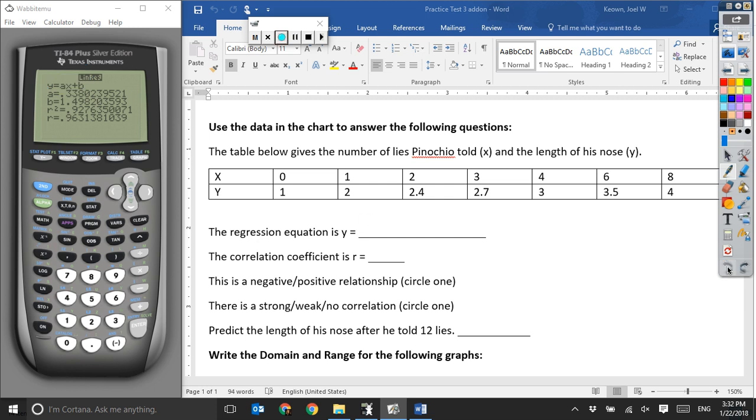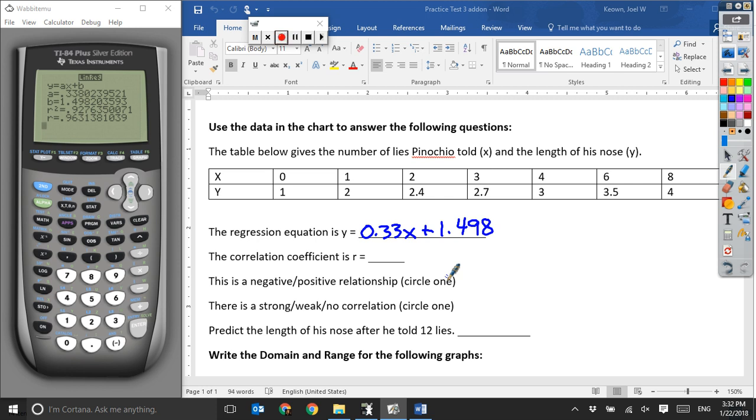So I'm going to say y equals a, which is 0.33x, and then plus b, and b is 1.498. You could have rounded that to 1.5 as well.